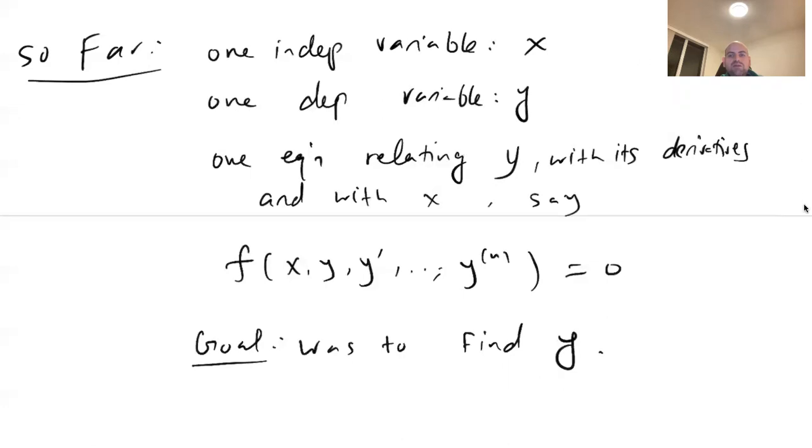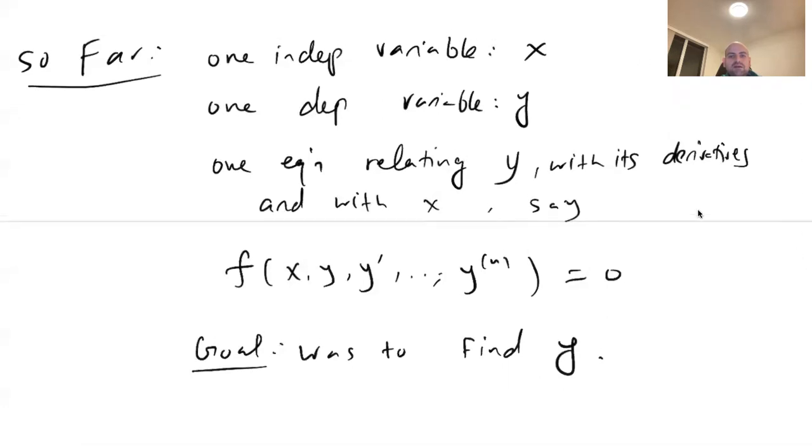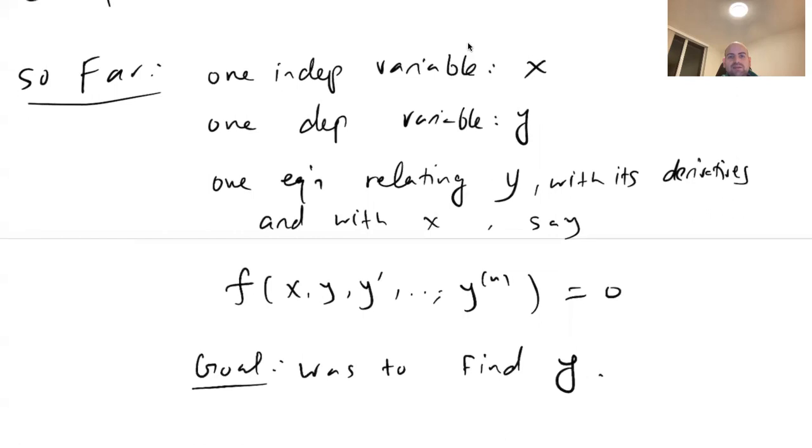And the goal was to find Y. Now, how about if I still keep one independent variable, which I can call X or T, but now increase the number of dependent variables?